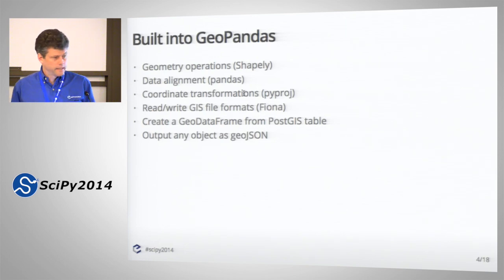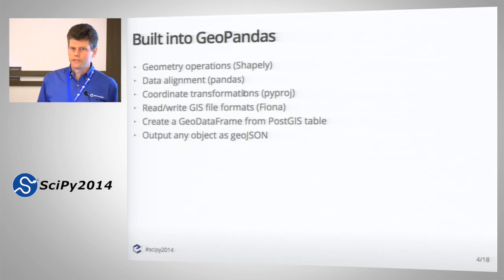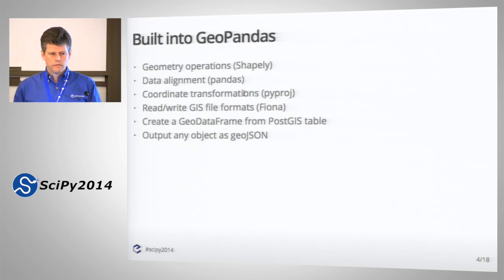And fundamentally, it will output anything that you want into GeoJSON, a very portable format for outputting things into other systems, into web maps or whatever you want, right? So that's the set of tools that it has, and there's also some basic plotting functionality to get a quick look at the results.